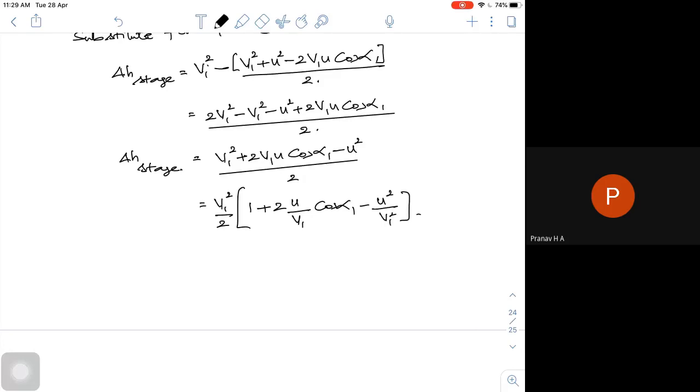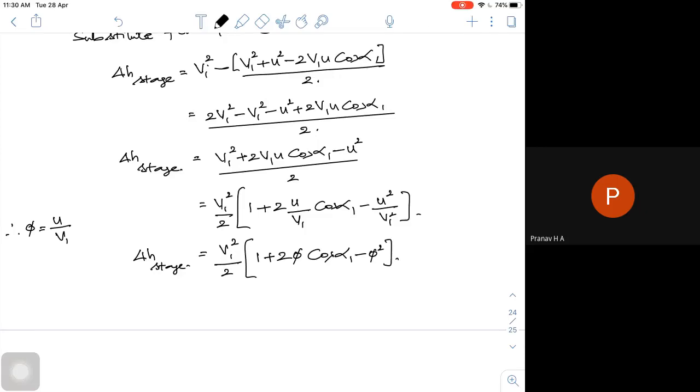We have already defined the speed ratio phi as U by V1. So delta H per stage is equal to V1 square by 2 times 1 plus 2 phi cos alpha 1 minus phi square.